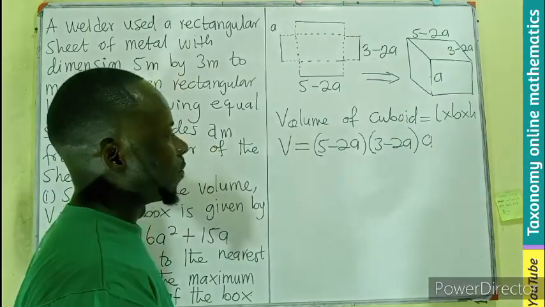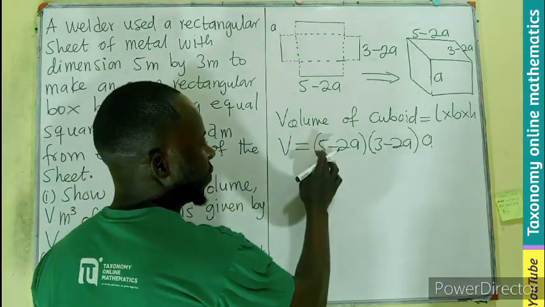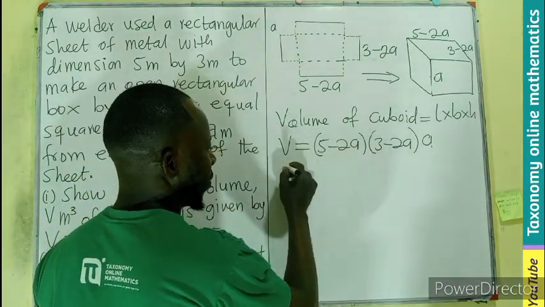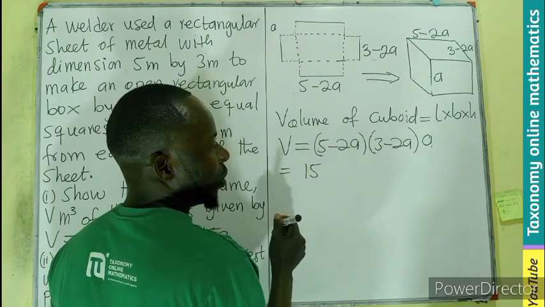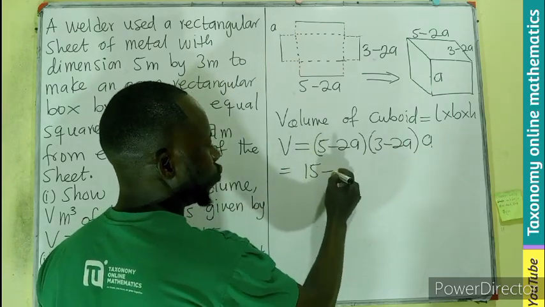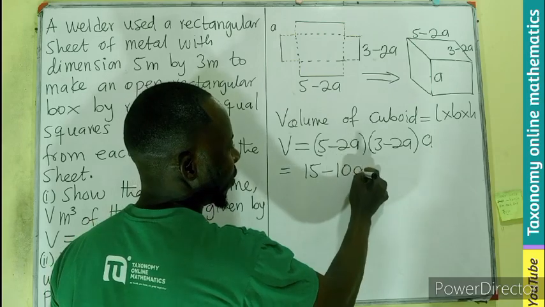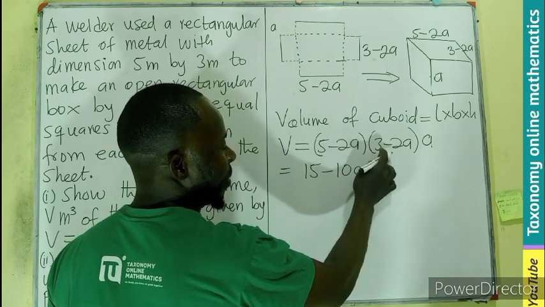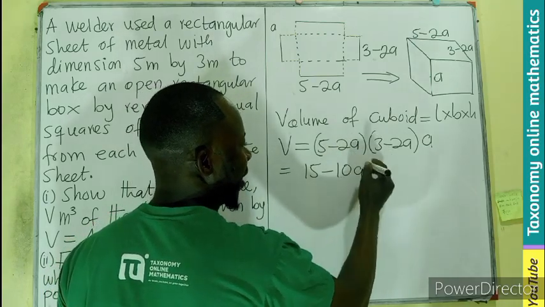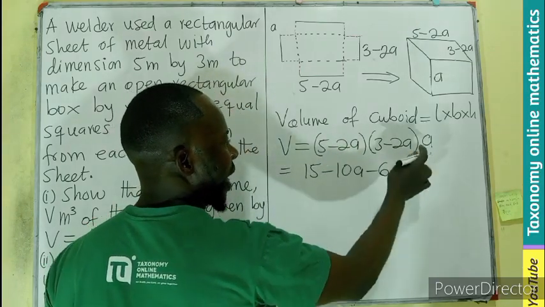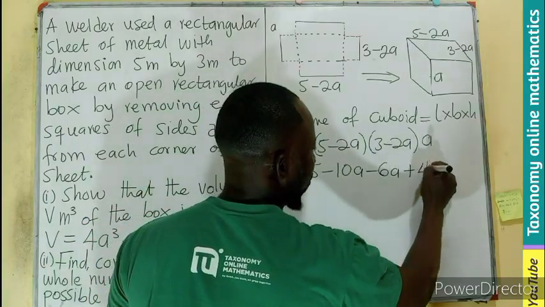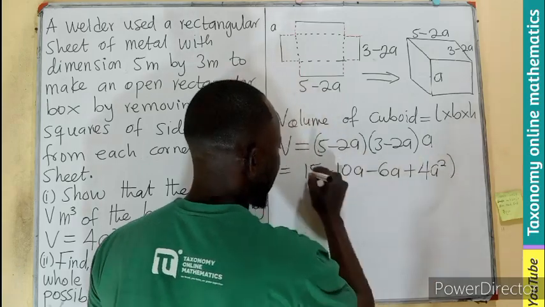So we can multiply. This will be 5 times 3, 15. 5 times 2a will be 10a. 2a times 3 will be 6, but negative. So negative 6a. Negative 2a times negative 2a gives plus 4a squared.